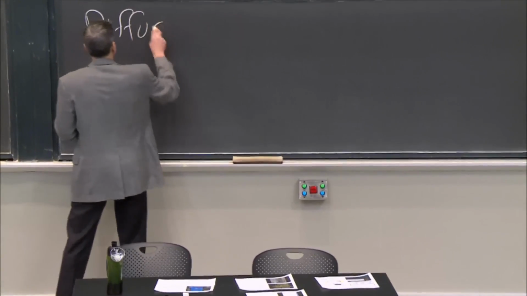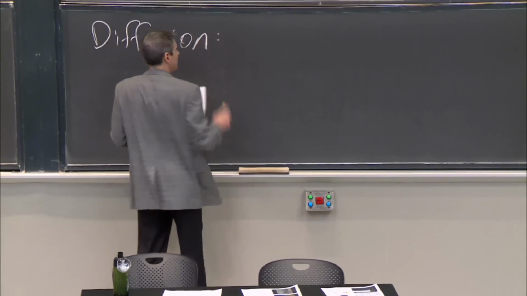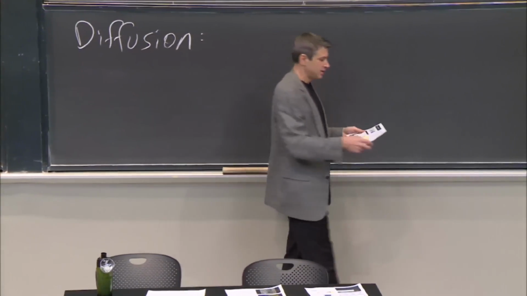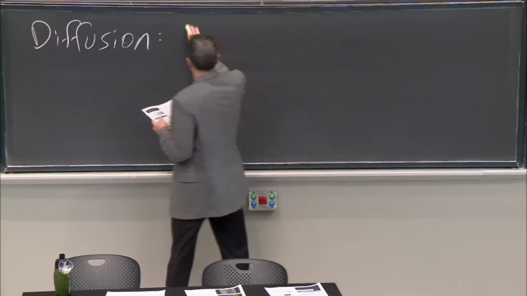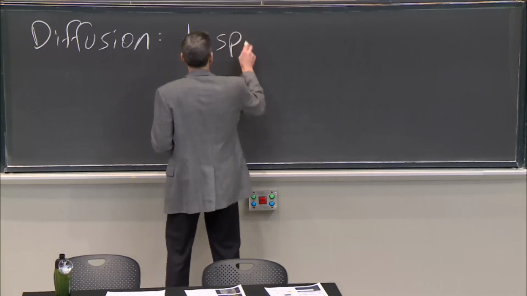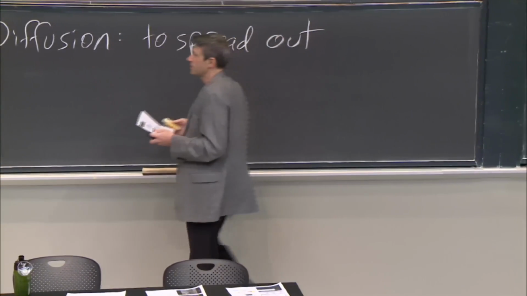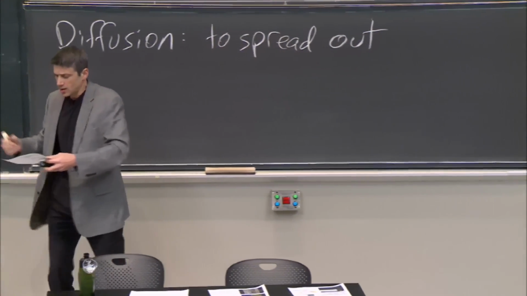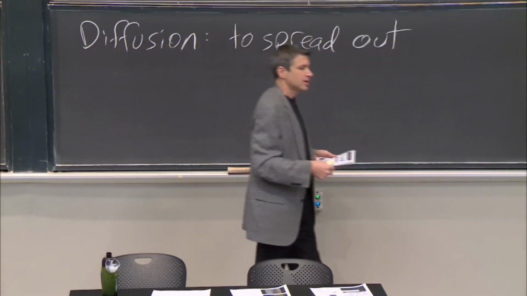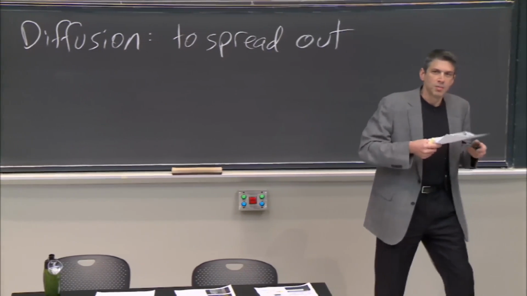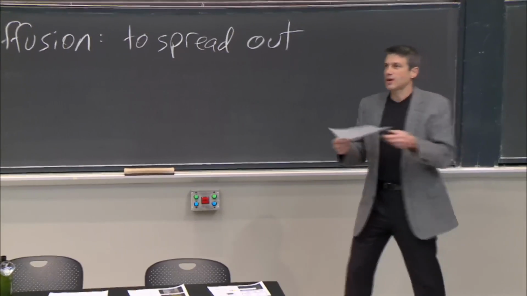Well, diffusion comes from the Latin word diffundere, and that means to spread out. But in this class, we're going to start by thinking about it as a particular movement down a concentration gradient.